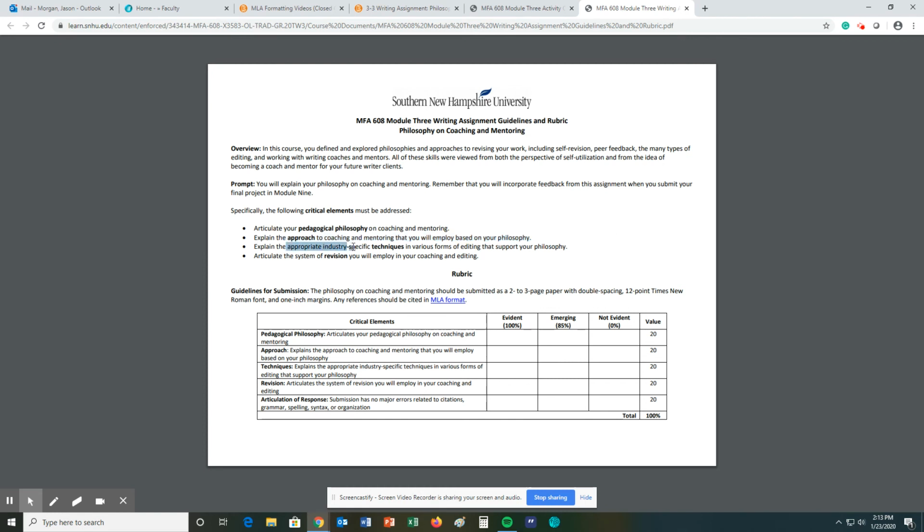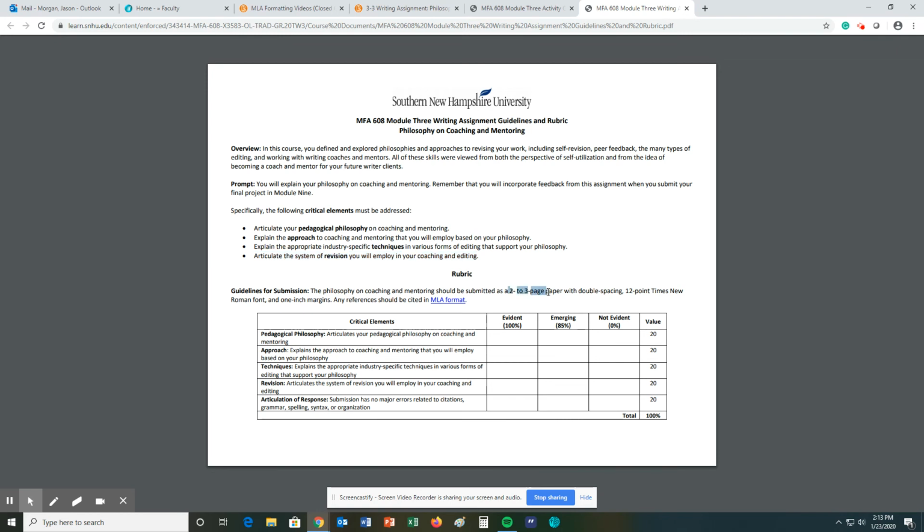The appropriate industry-specific techniques I will use are blank, and then you give examples. Articulate the system of revision you will employ. Well, this is the system of revision I will employ, and then you give examples.